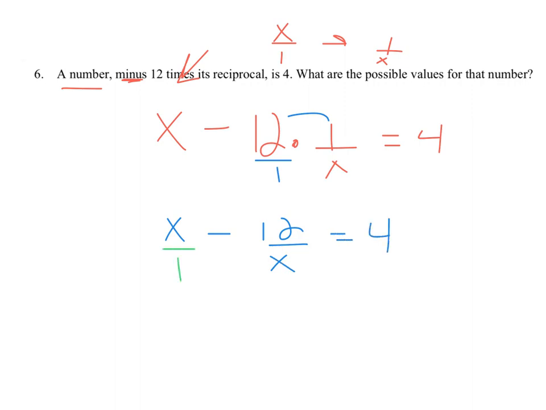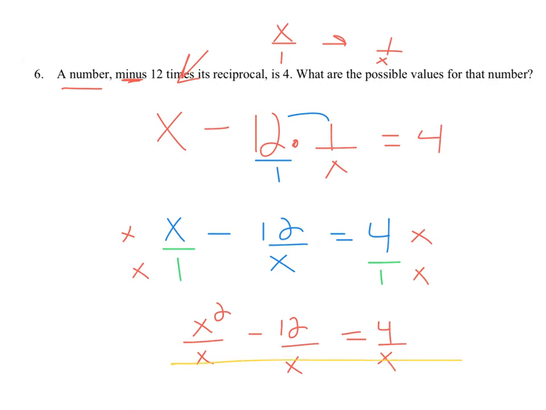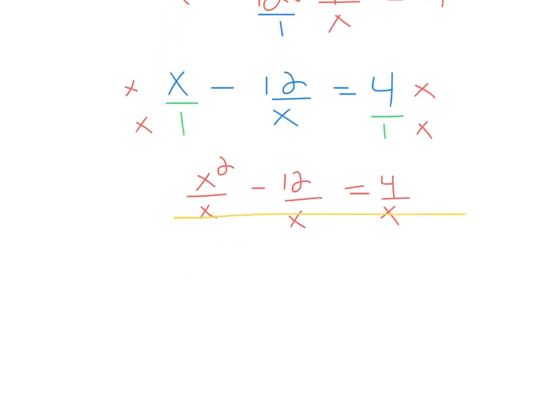I'm going to put this over 1 so that I can make them all denominators. And I'm going to give this guy an x on the top and bottom and this guy as well. Because what I'm doing now is creating the same denominator across the board. And when I do that, I can go ahead and cross off all the bottoms. So now I have x squared minus 12 equals 4x. Oh, sorry, I forgot the x. So that's an x.